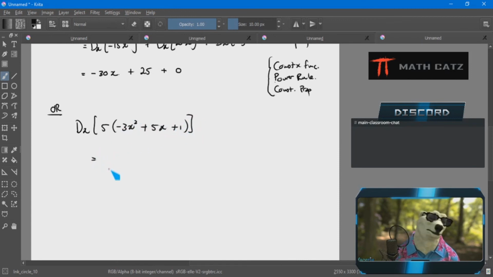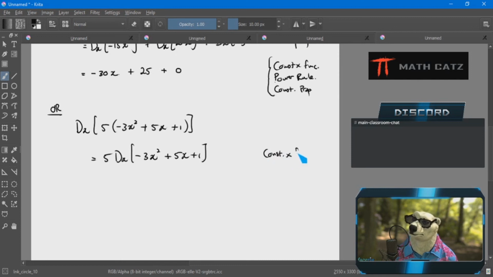The other option is that I could recognize that it's 5 times some other function, which means the 5 can be kept in front, and then I need to find the derivative of the function that's left. That is the constant times a function property, which means I still have to figure out the derivative of the inside.